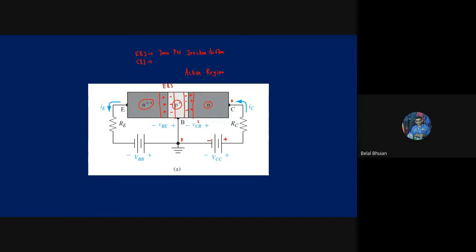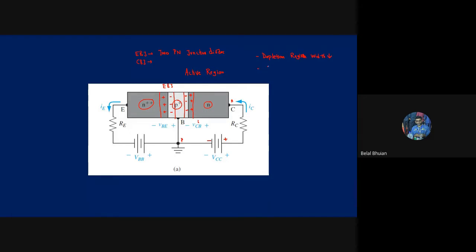Immediately you can recall what happens when a forward bias voltage is applied across a PN junction diode. Physically within the structure, the depletion region width becomes smaller.